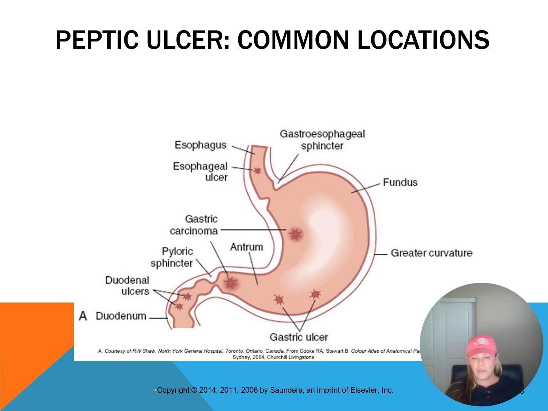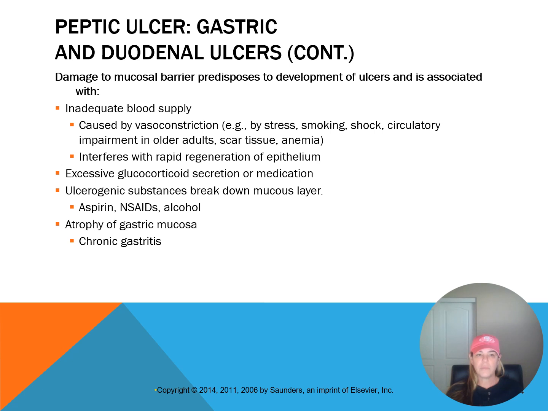They are named by the location that they are found in. Things that can cause ulcers are inadequate blood supply and excessive steroid secretion, which is an intrinsic factor, or you can have extrinsic factors like steroid medication, which can also cause ulcers.